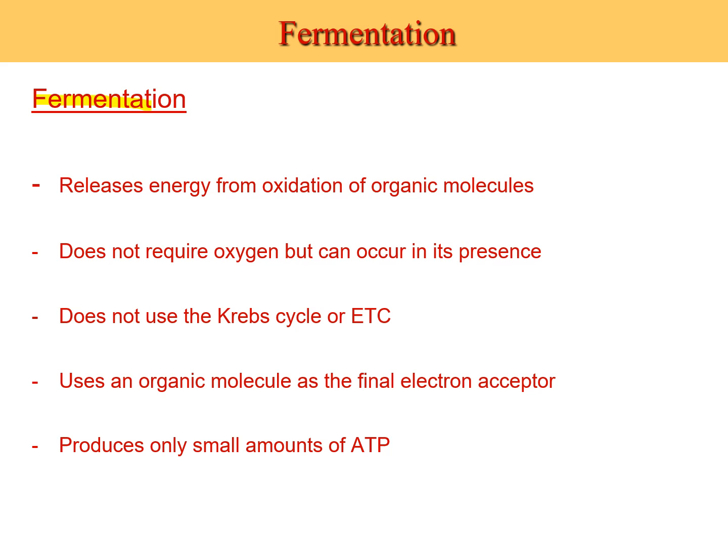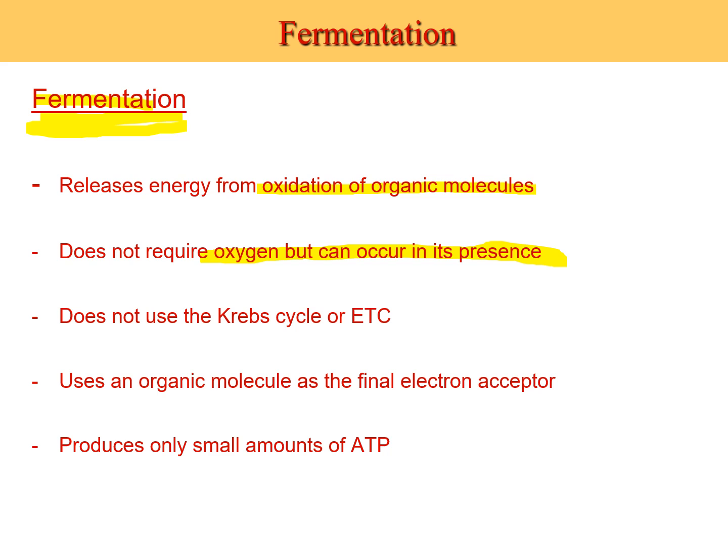So fermentation involves release of energy by oxidation of organic molecules like carbohydrates, glucose, for example. It does not require oxygen, but can occur in its presence. Even though it doesn't involve oxygen at all, it could occur in its presence. Certain organisms can only carry out fermentation.